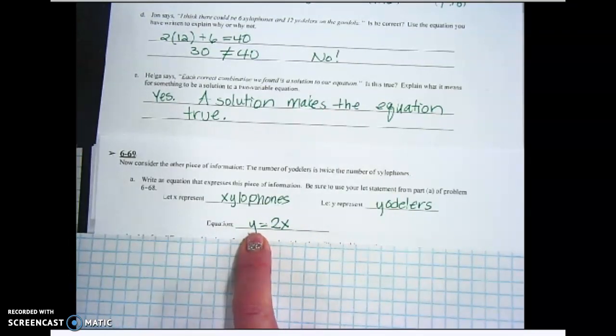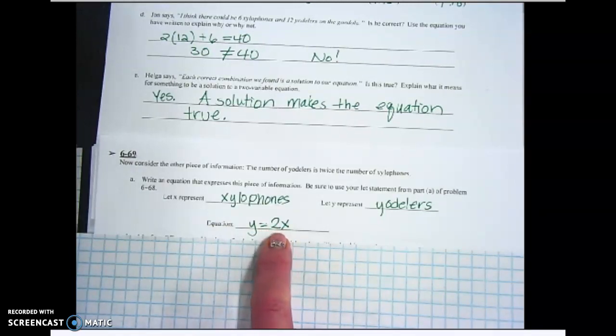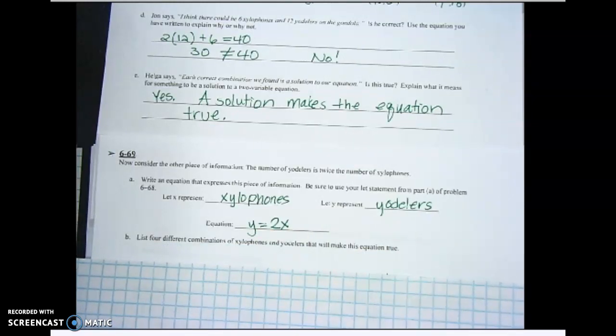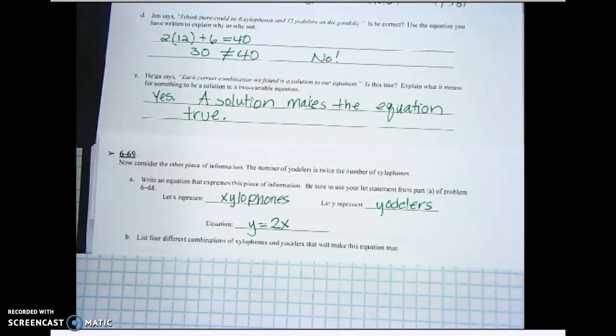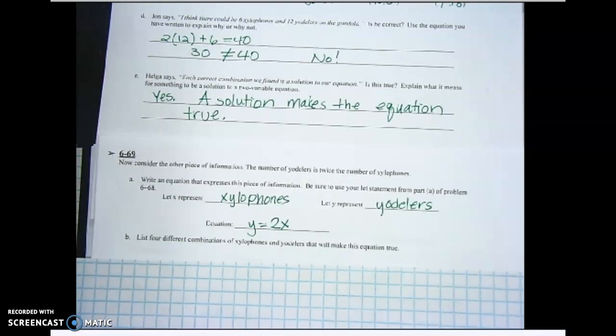The number of yodelers is, whenever you see the word is, you write equals, okay, 2 times or twice the number of xylophones. So 2x, okay? We're going to have you list 4 different possible combinations of xylophones and yodelers that will make this equation true.